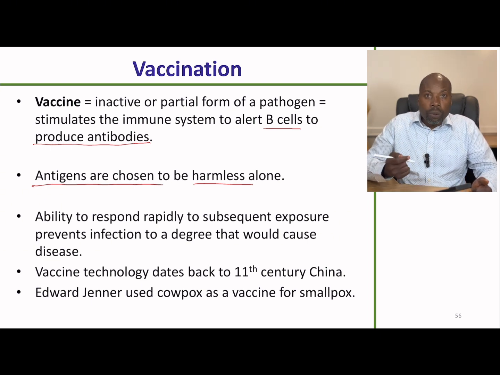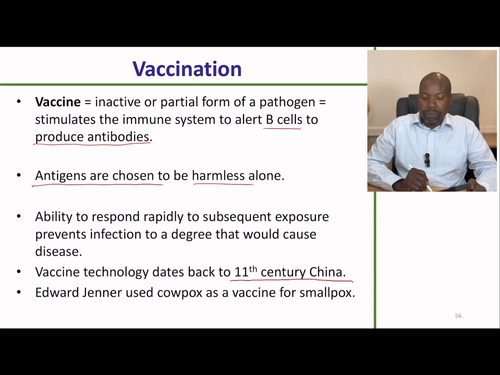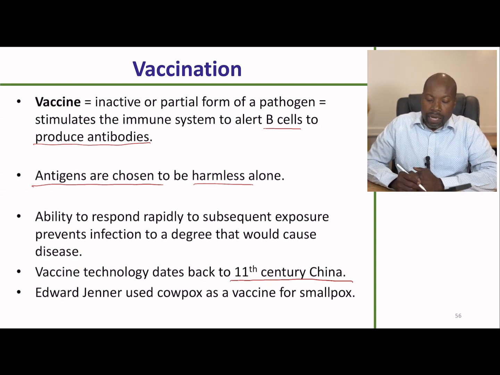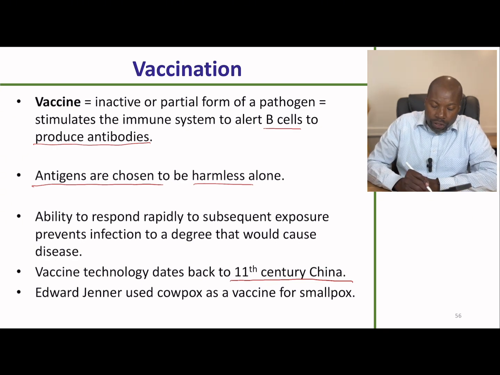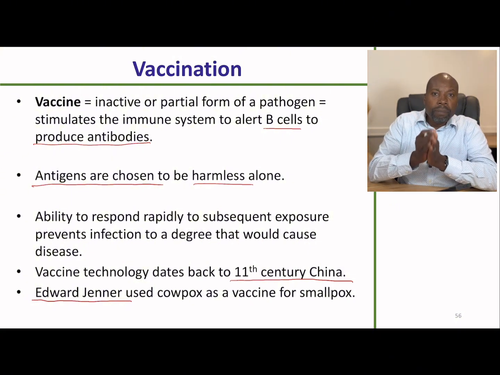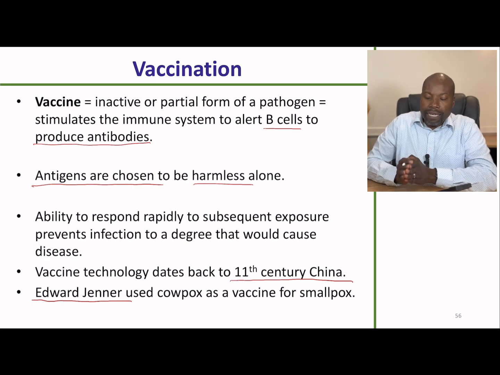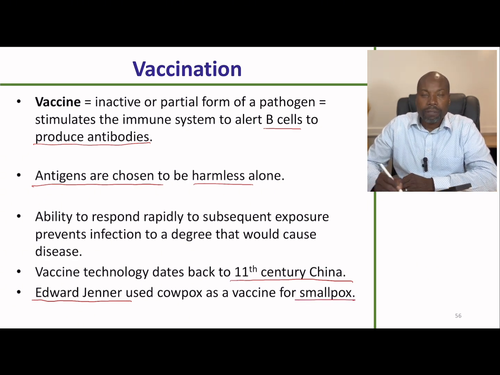So we saw vaccination, for instance, a long time ago, in the 11th century in China. And then we had some well-known people, such as Edward Jenner, right, who noticed that people who were working with cows did not systematically get infected with smallpox.